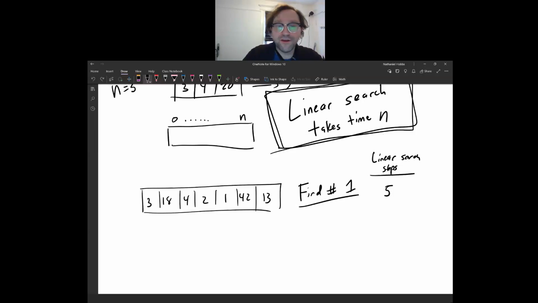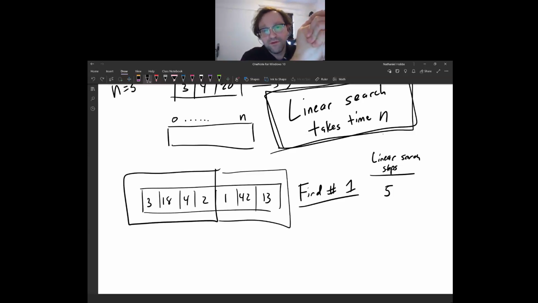Sure. Let's make it like this then. There's 4 elements and then there's 3 elements. So, which way does the binary search go? I don't know. Okay, no problem.